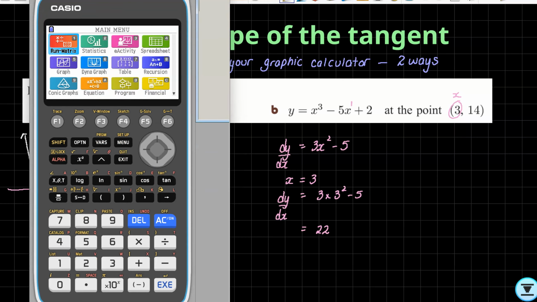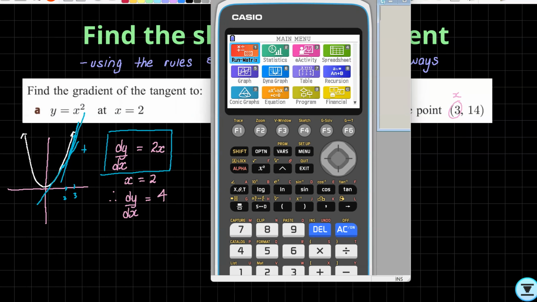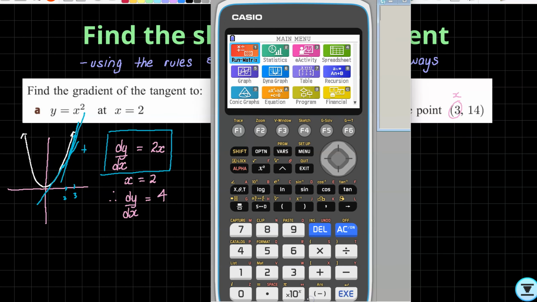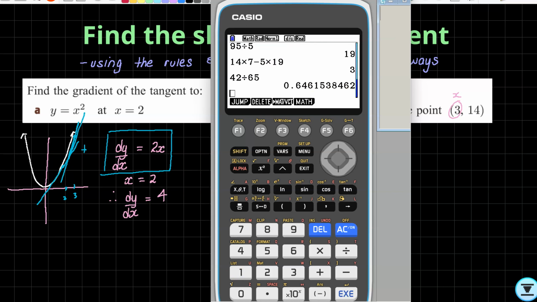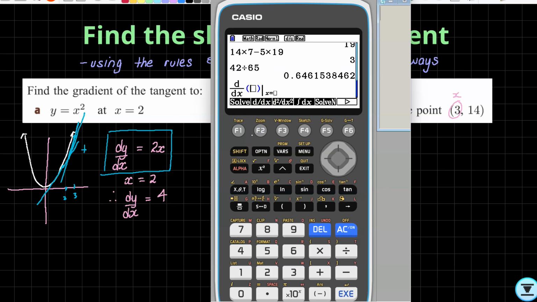The first one, we go into our normal run mode, number 1. We want to find our option button, to the right of shift. Then F4, the calc. And looky, we've got a dy by dx, or d by dx. We're going to press that.